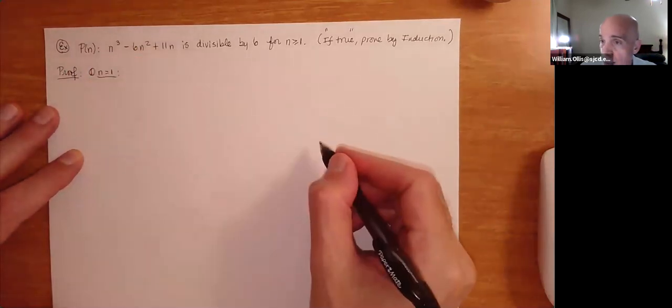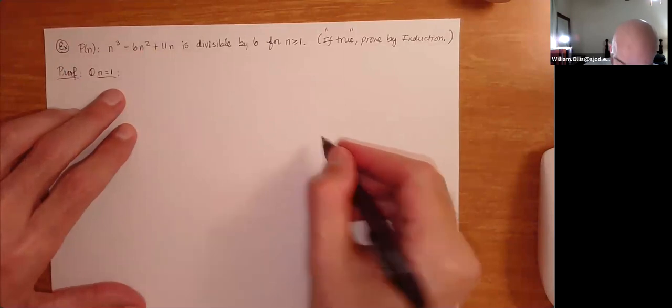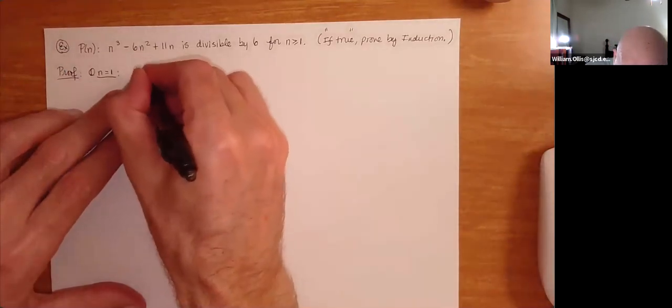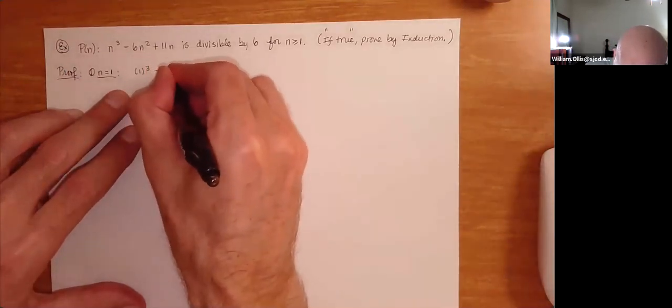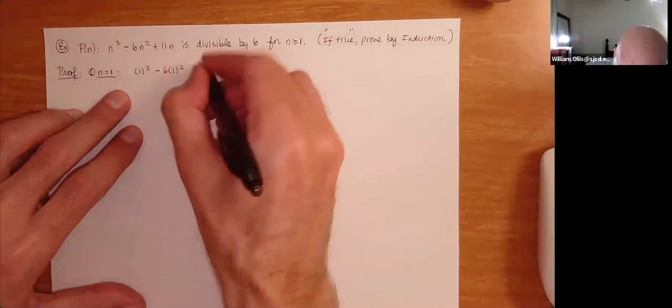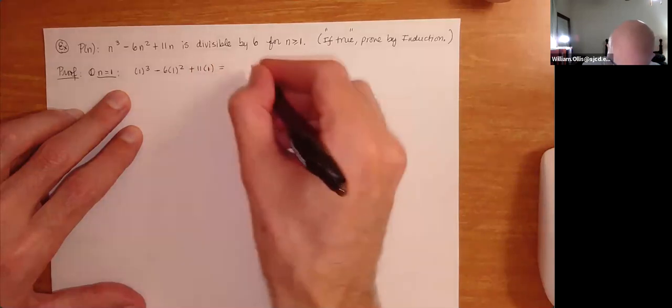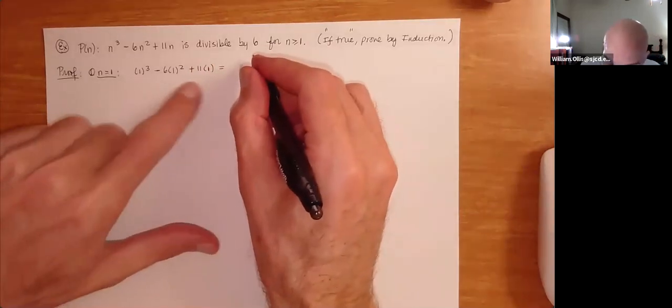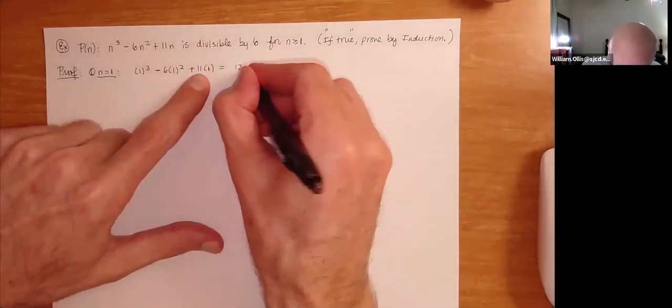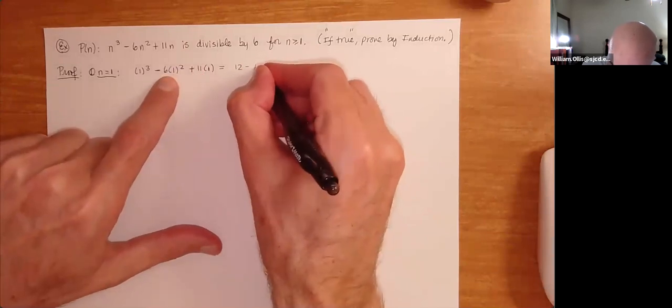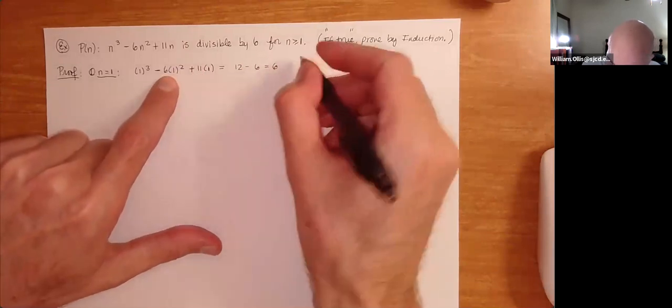Maybe we just get lucky and the induction step will fall apart. So we'll have 1 cubed minus 6 times 1 squared plus 11 times 1. Okay, well, this isn't too bad. We have a 1 plus an 11, that's a 12. And of course, this is just minus a 6, which gives us a 6.